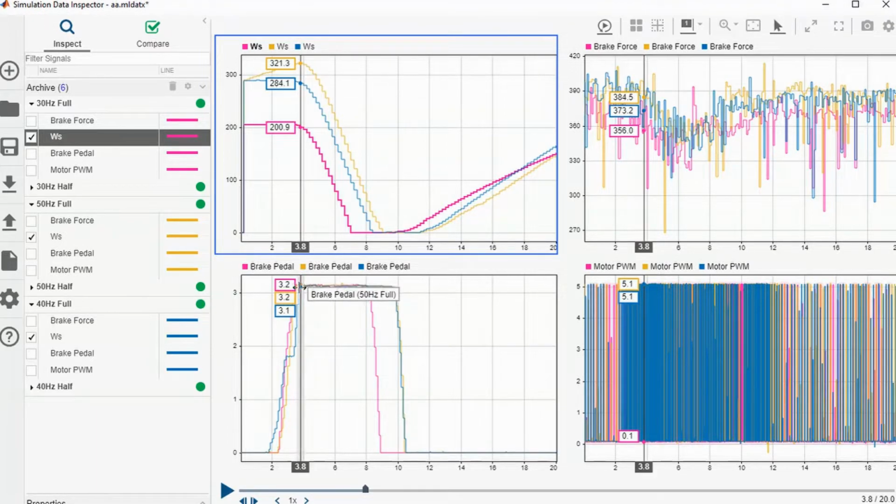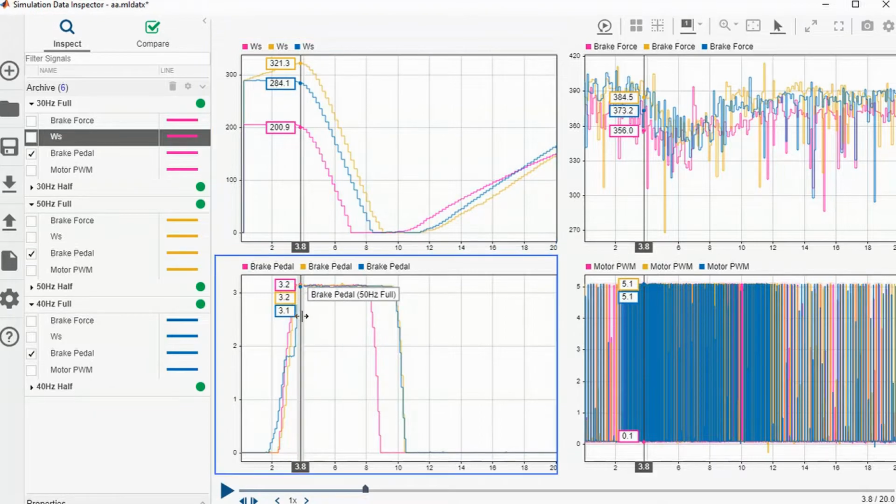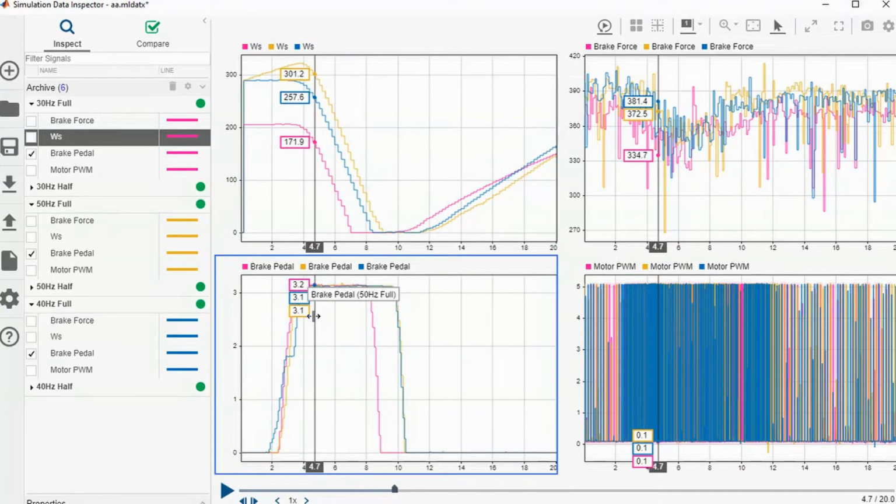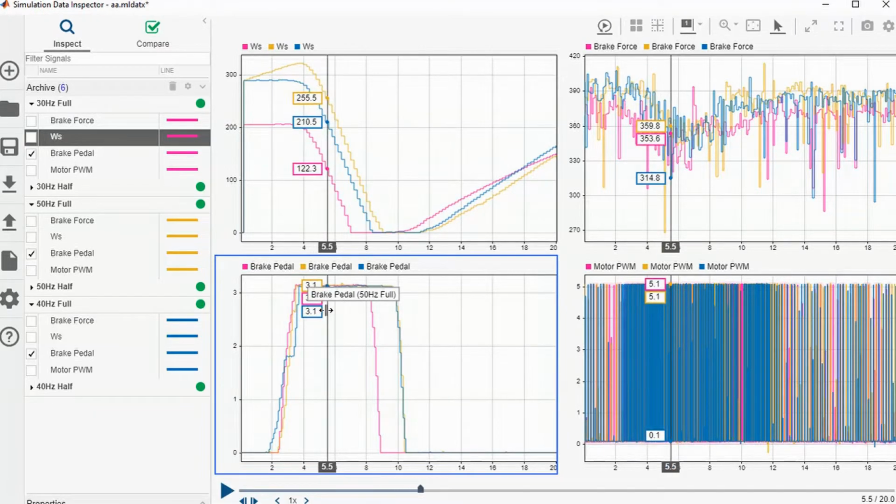So the force value applied on the brake pedal is the same. The three graphs show the maximum value applied on the brake pedal is around 3 volts.